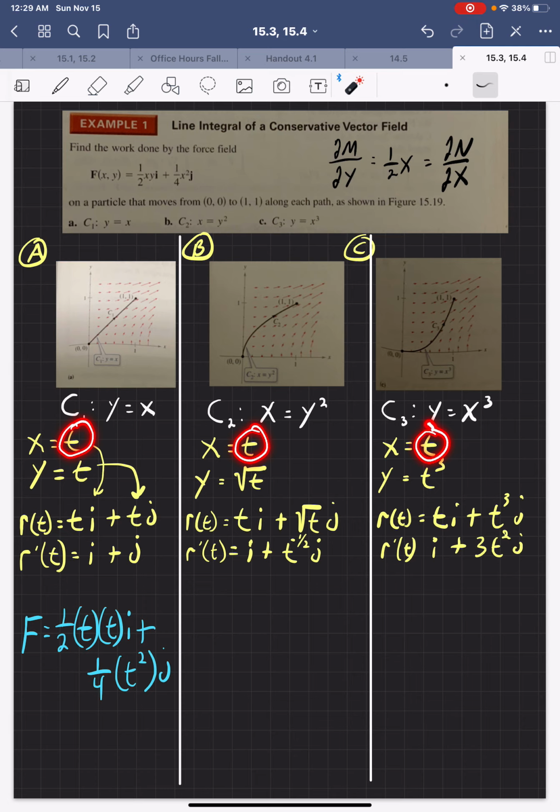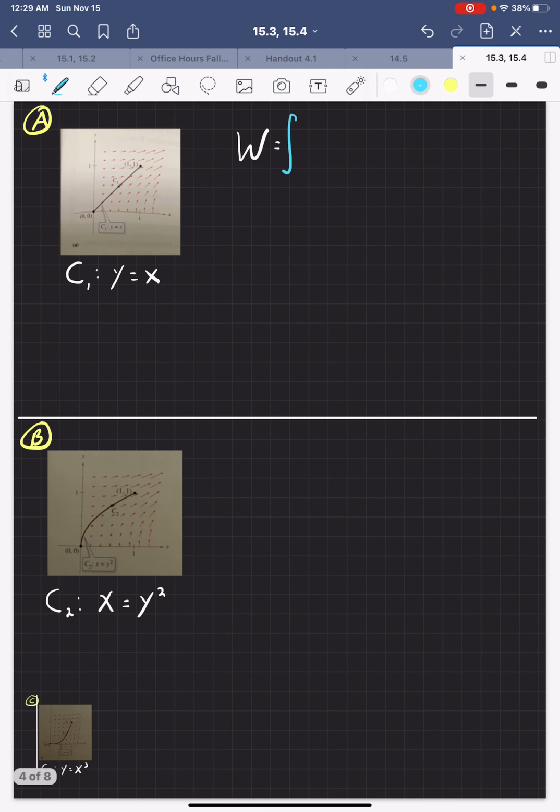So when you're looking at your xy points, if x equals t, then you only care about the x values, right? So this is going to be, since x equals t, t will be moving from 0 to 1 for each of those integrals.